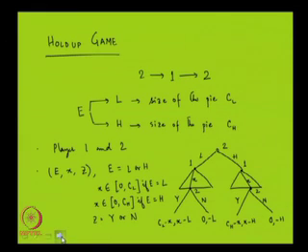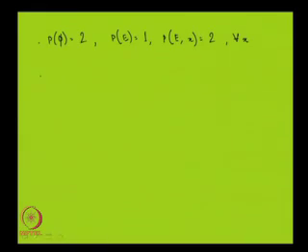So, in general, I can write the following: U1 of (E, X, n) is equal to, and U2 of (E, X, n).